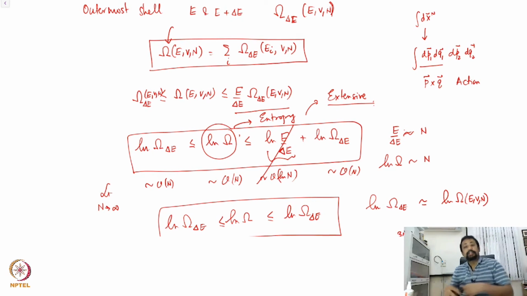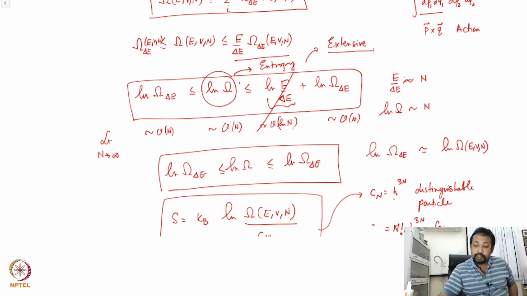So essentially, you non-dimensionalize this volume by h to the power 3N. The introduction of this h to the power 3N and the N factorial is clearly something which is done by hand in classical statistical mechanics. We have no way of introducing it very naturally in the theory. We shall see later on how quantum statistical mechanics does it.